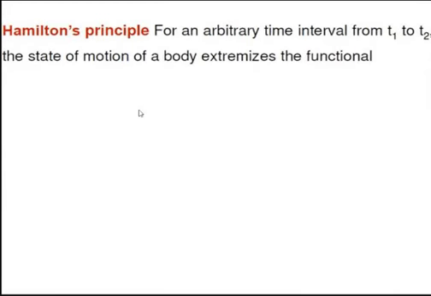We have Hamilton's principle, which is given as: for an arbitrary time interval from t1 to t2, the state of motion of a body extremizes the functional I, which is equal to the integral from t1 to t2 of L dt.